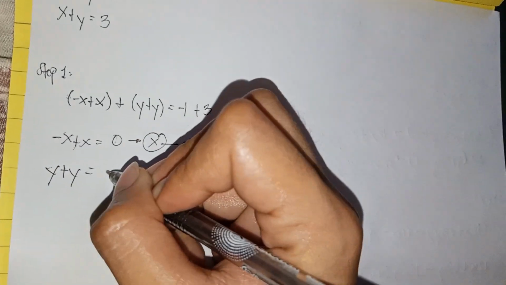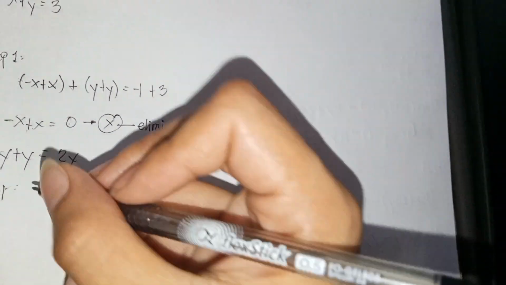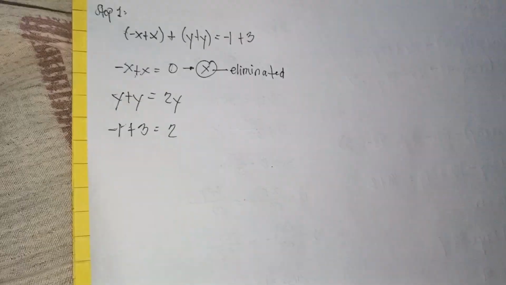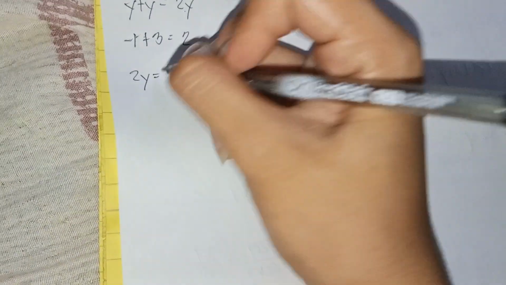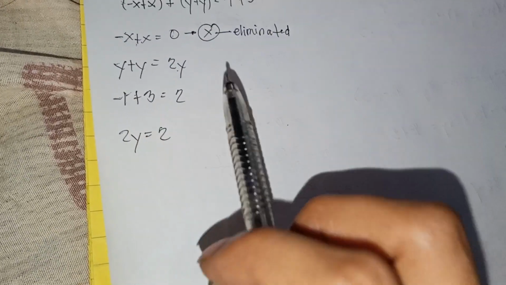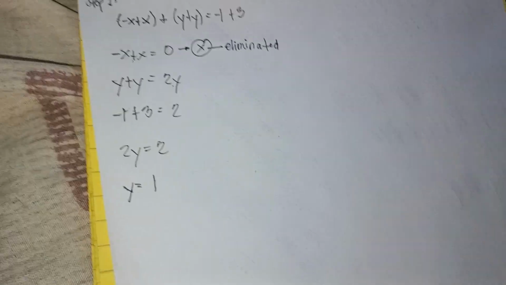Then y plus y equals 2y. Then negative 1 plus 3 equals 2. So we get here 2y equals 2. Then we're going to divide both sides by 2. So we got here y equals 1.